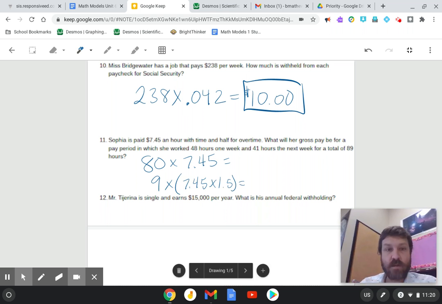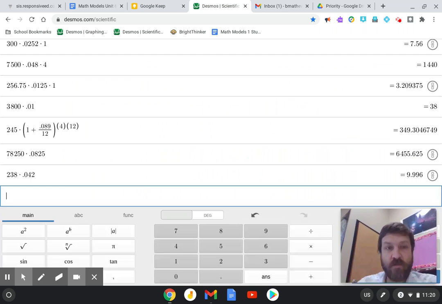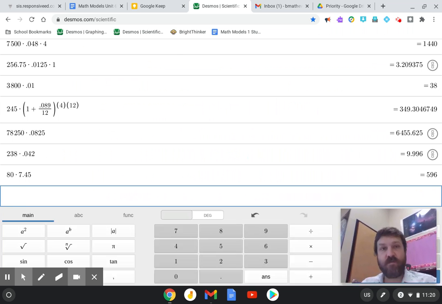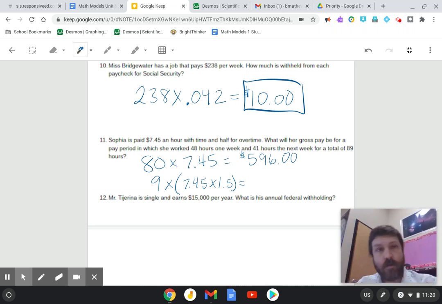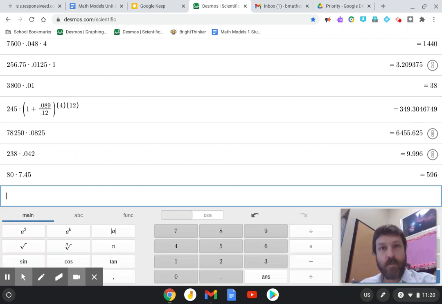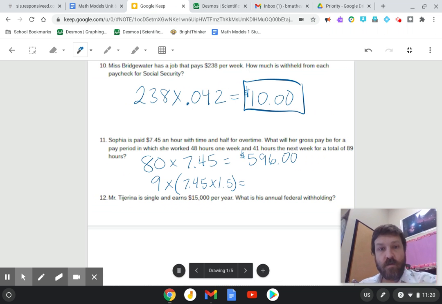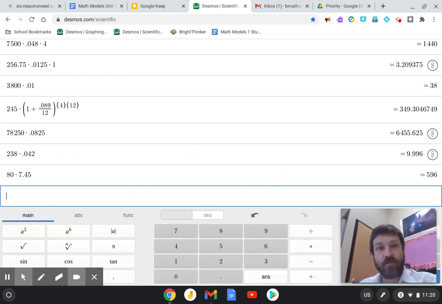So 80 times 7.45 is 596 even. And then 9 times 7.45 times 1.5.